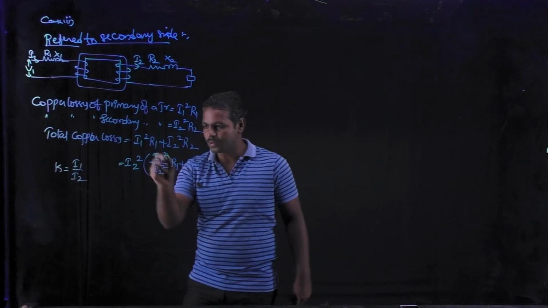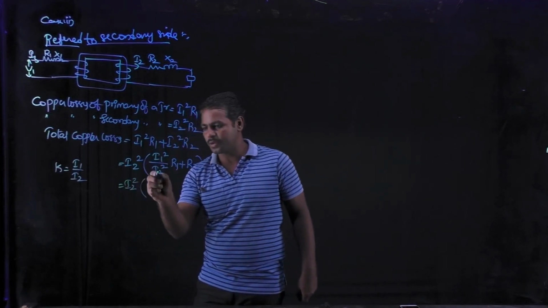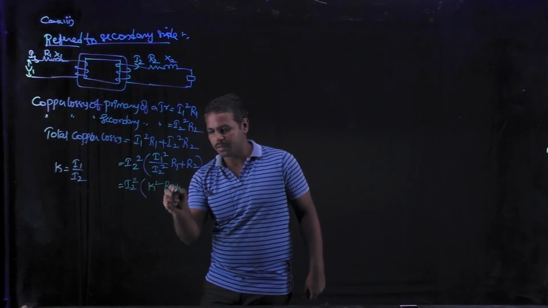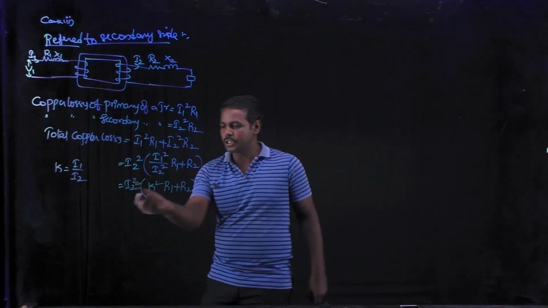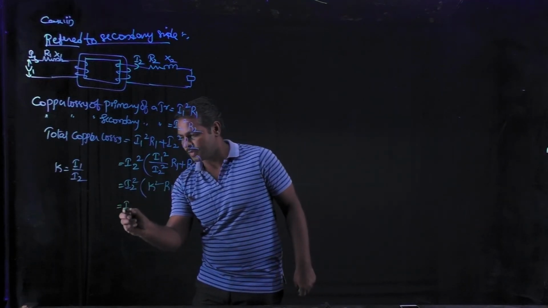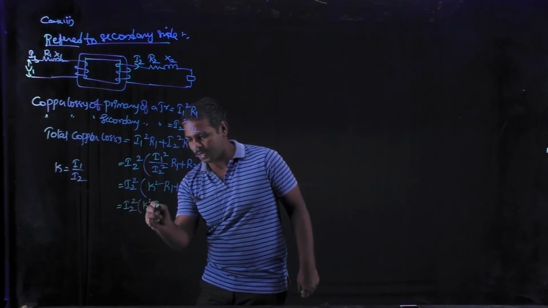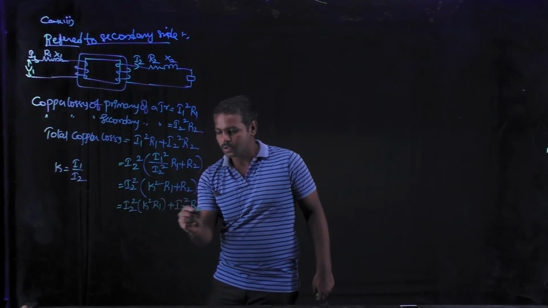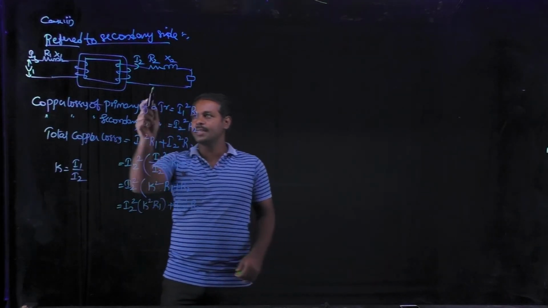So in this we can replace I1 square by I2 square with K square into R1 plus R2, so which is multiplied in the equation: I2 square of K square into R1 plus I2 square into R2. So the same amount of current is flowing through both the resistances.